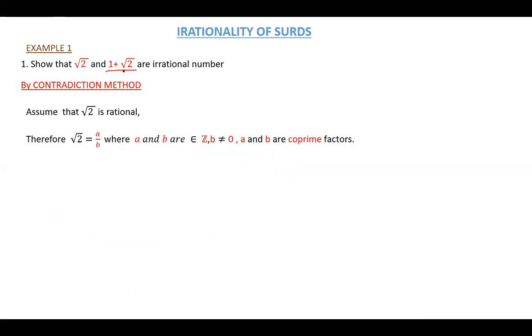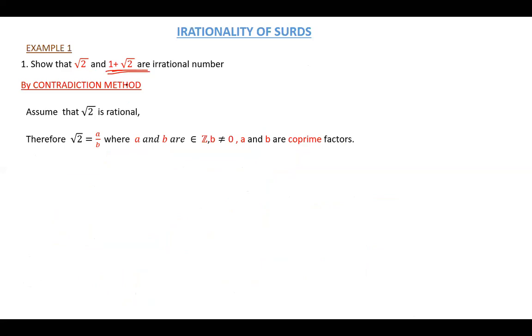So here we are now going to 1 plus the root of 2. We're trying to show that it's an irrational number.